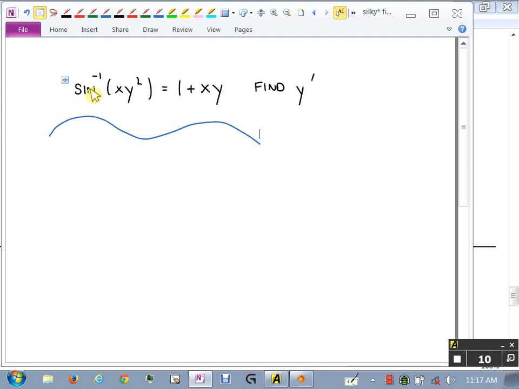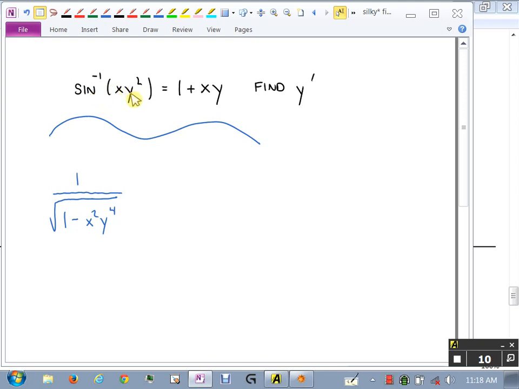What is the derivative of arc sine of all this junk right here? 1 over square root of 1 minus all that junk squared, right? So if I square it, I get x squared y to the 4th. So I'm just squaring the x, squaring the y squared. And then I'm done with the arc sine derivative.